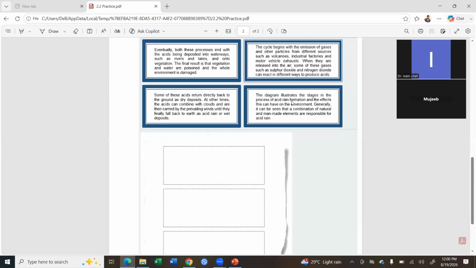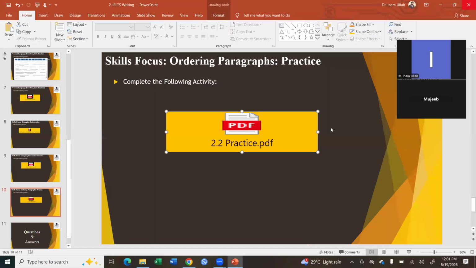So this means that this is the first paragraph, which should be in the first spot. Is it clear? Then you should choose the rest of the paragraphs for yourselves. I'll share it later with you in the group. Don't worry.